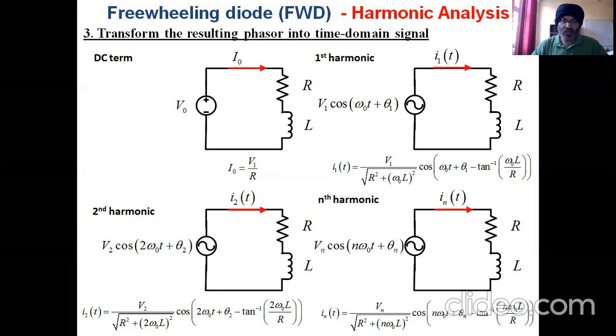So we need to remove this harmonic particularly, so that the output is smoothed out, or the output becomes pure DC. So after calculating, we can decide whether to remove, how to remove, and what type of harmonic should be removed to get a pure DC.